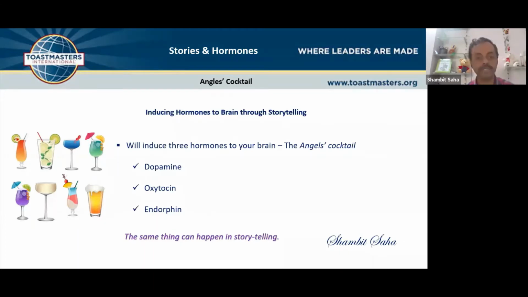These 3 hormones are dopamine, oxytocin, and endorphin. We will look into what they do, but they can hijack your brain and make you feel blissful. The same thing we are going to achieve through story.